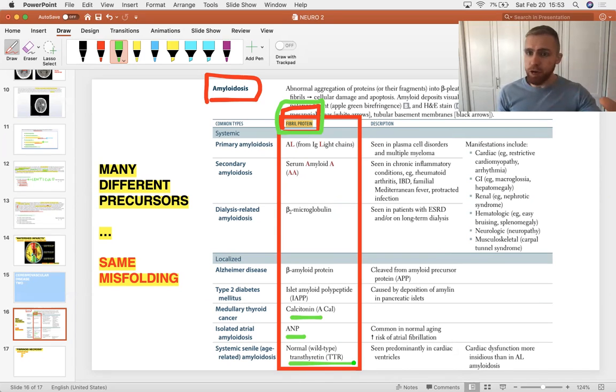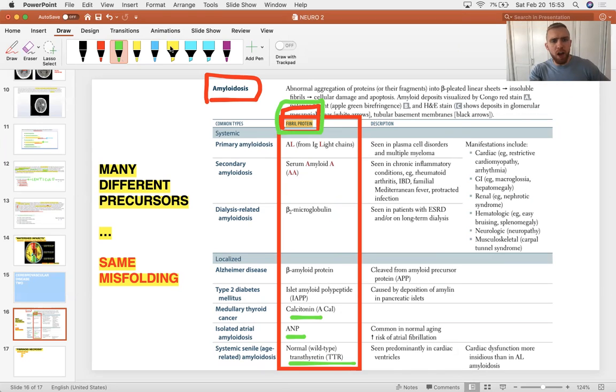Something else they all have in common is that they stain for Congo red. This Congo red stain in the upper right corner is going to be apple green birefringent under plain polarized light. They'll almost always tell you that if you're looking at some amyloid histology. Many different organ systems can be involved in amyloid, and in this particular SDL, we discuss amyloidosis of the brain.